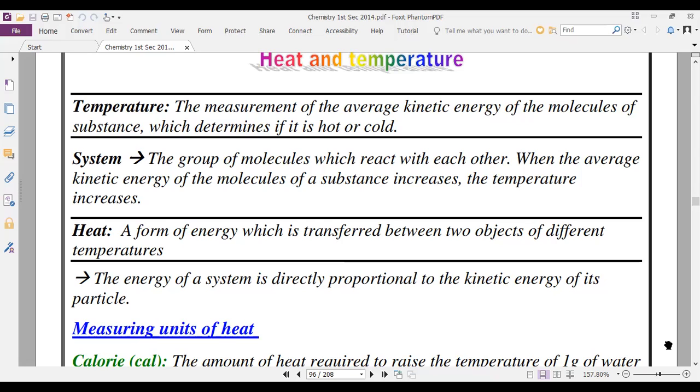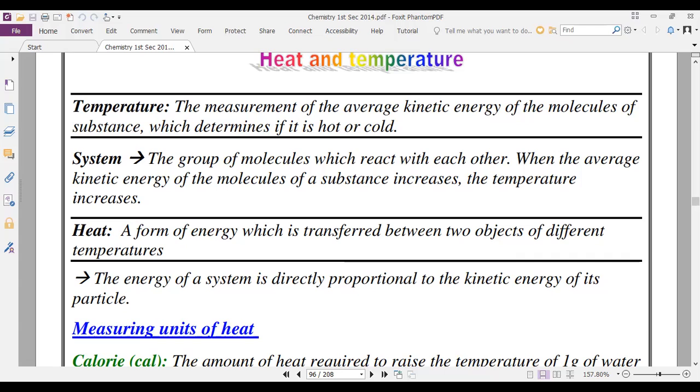So you feel coldness as heat transfers from your hand to the piece of ice, and the ice will melt. You feel coldness because heat transfers from the higher temperature object, which is your hand, to the lower temperature one, which is a piece of ice.